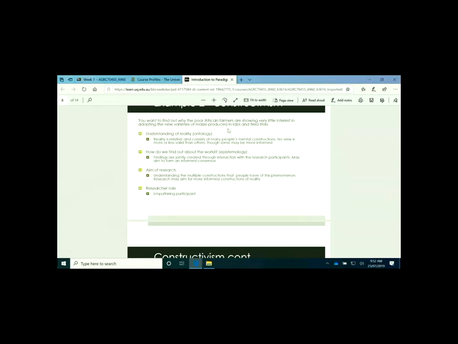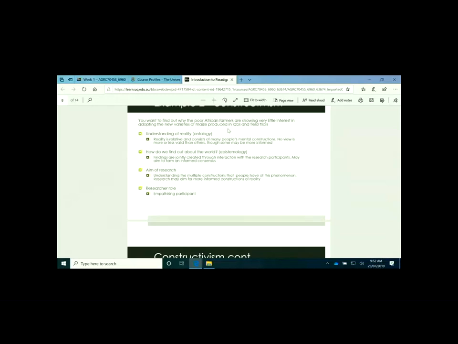And under this framework, how do we find out about the world? Well, in this case, the findings are jointly created through interactions between the researcher and the participant. All right? So it's no longer a detached observer looking at the situation from outside, making observations, collecting data, and making conclusions.